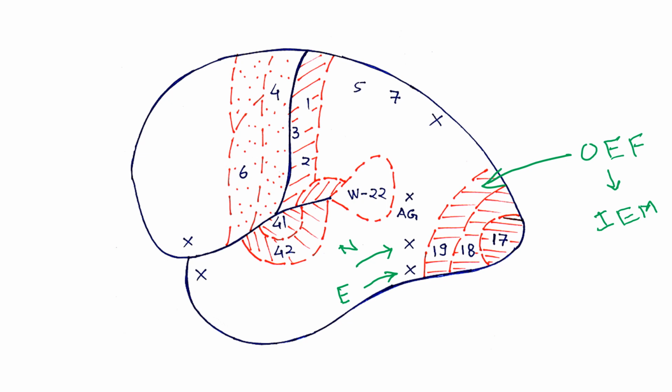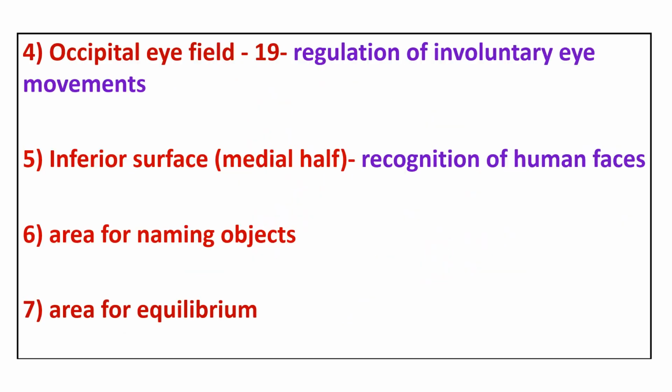These two areas, for naming the object and for equilibrium, we can take in both functions of occipital lobe also and functions of temporal lobe also. So we have seen in the diagram. Let us see in the text. Function number 4 is a function of occipital eye field area 19, that is regulation of involuntary eye movement.